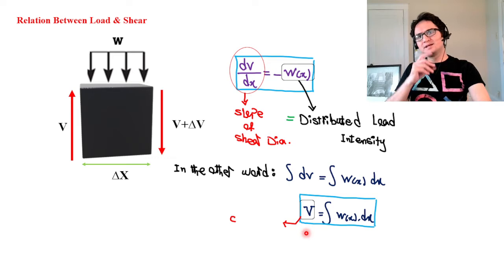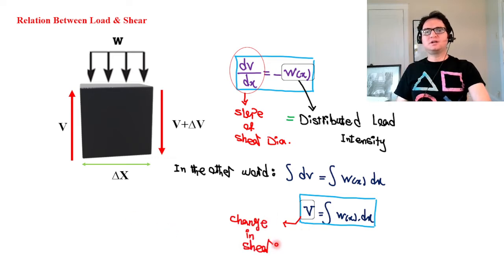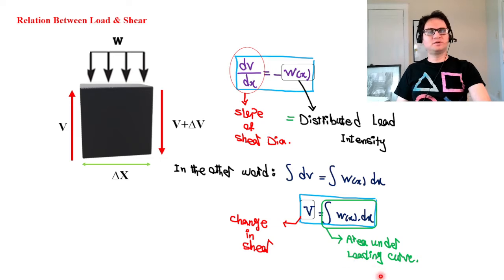And that says the change in shear V is equal to the area under the loading curve. That's another explanation of the same formula, but we just rearranged it and explained it in the other way. That was the relation between load and shear.